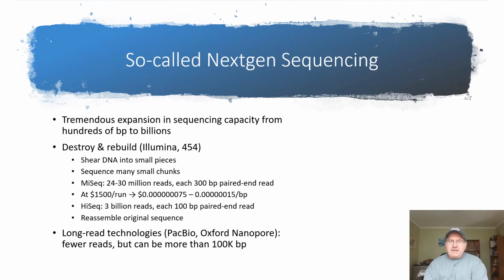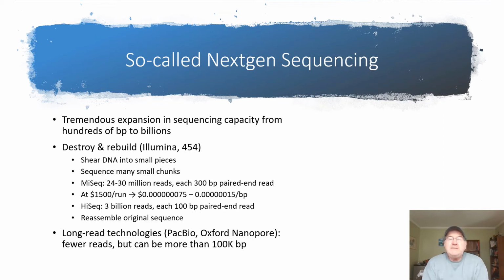And basically, I think we're now in third generation or more in terms of sequencing technologies along this line, which has resulted in a just mind-blowing expansion in the sequencing capacity. So instead of being able to get, if you're lucky, 500 to 600 base pairs in a sequencing run, now you can literally get billions of base pairs in a sequencing run.